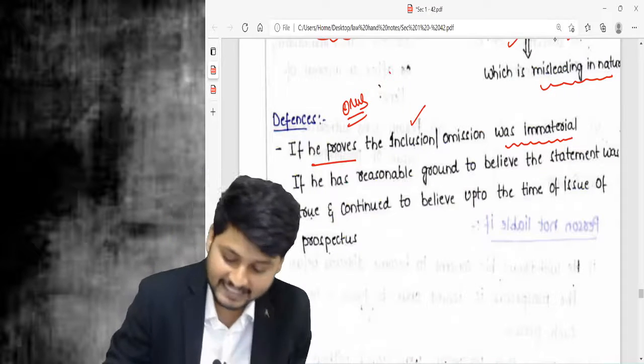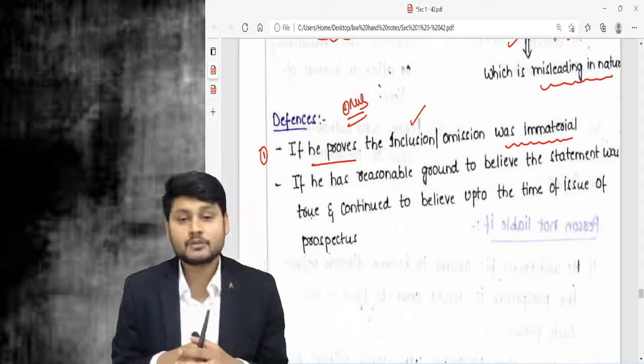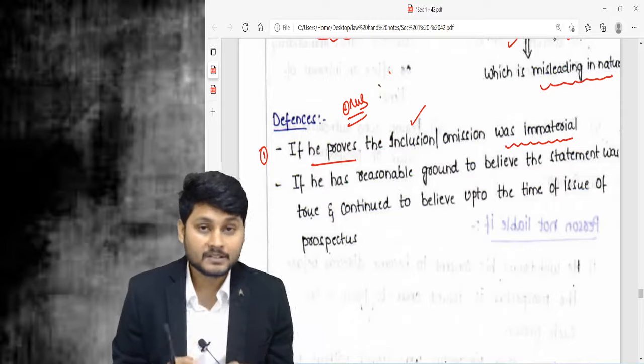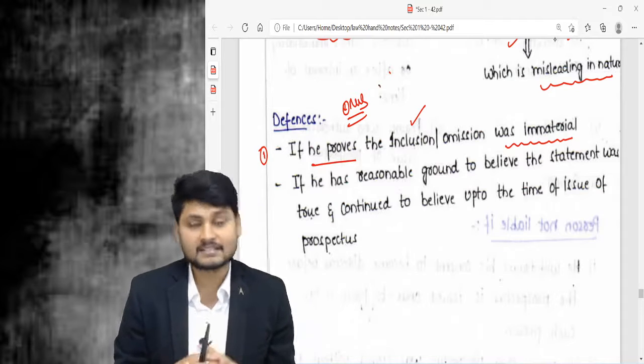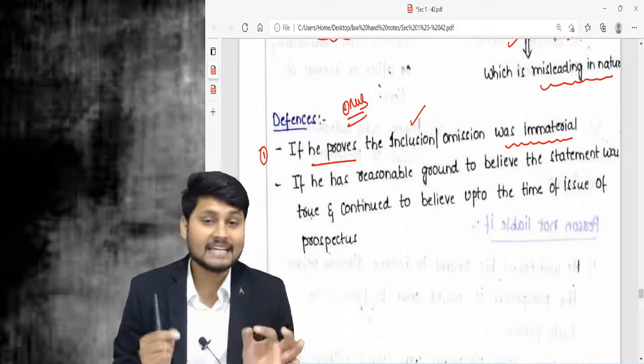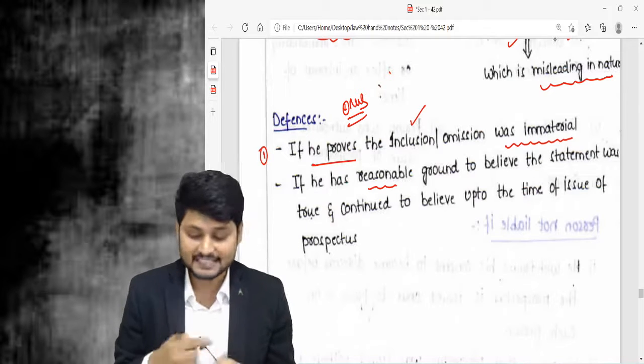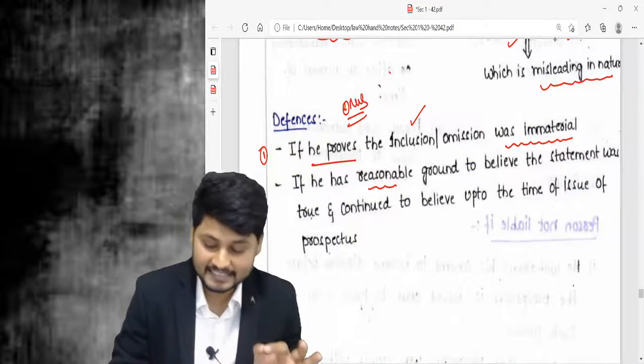Now coming to the second defense. The person who authorizes the issue of the prospectus had reasonable ground to believe that whatever statement he included is true.